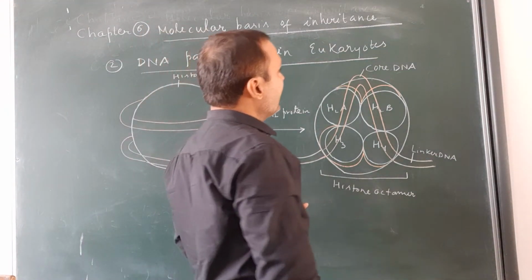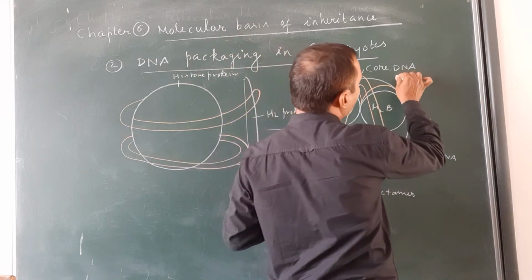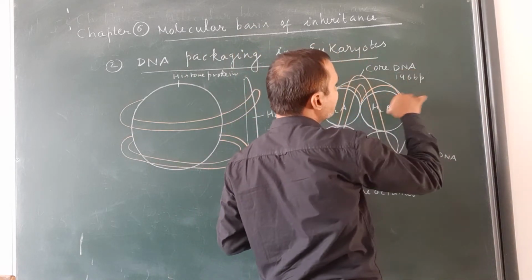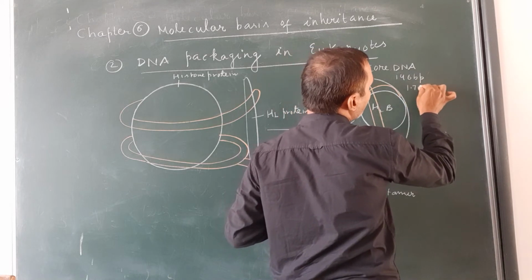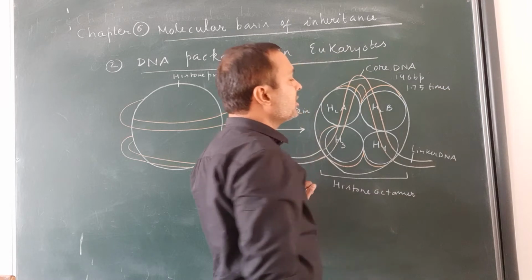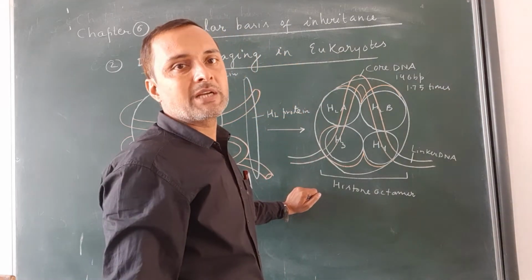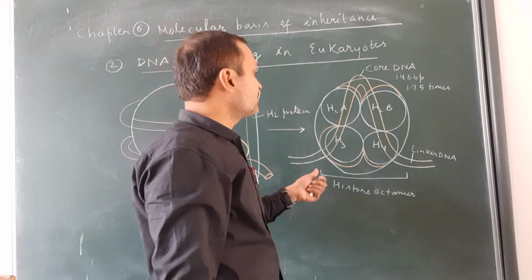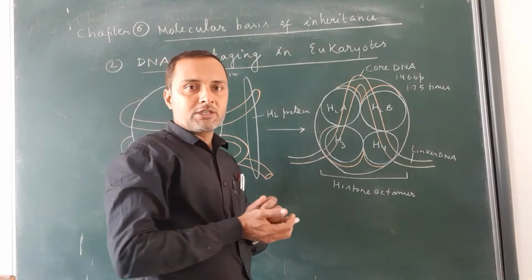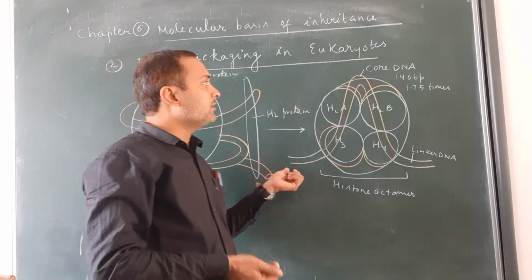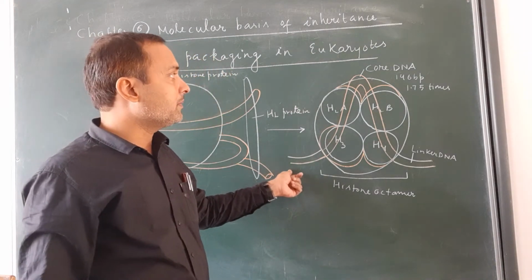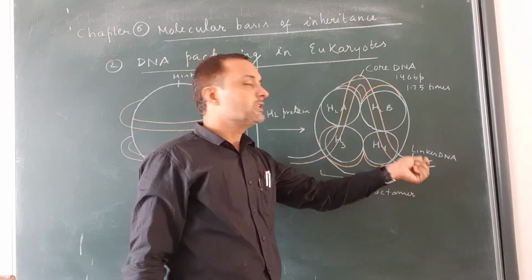The core DNA contains about 146 base pairs, and it turns about 1.75 times around the histone protein, not double. In eukaryotes, the negatively charged DNA molecule is wrapped around the positively charged histone protein.